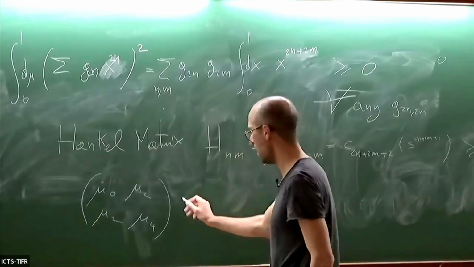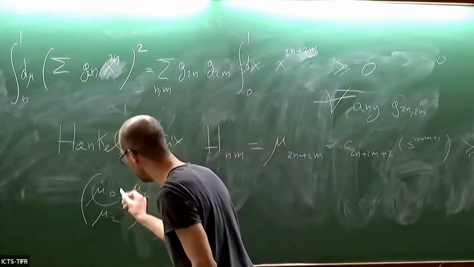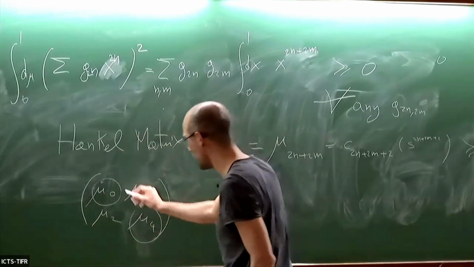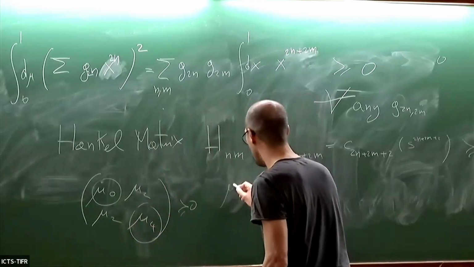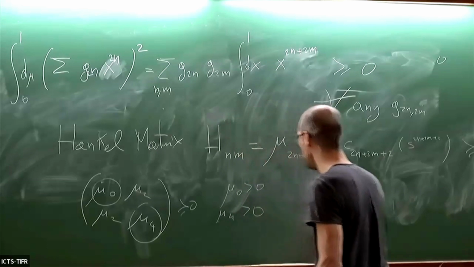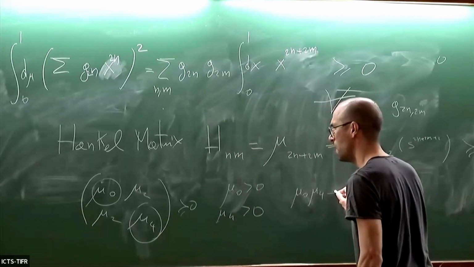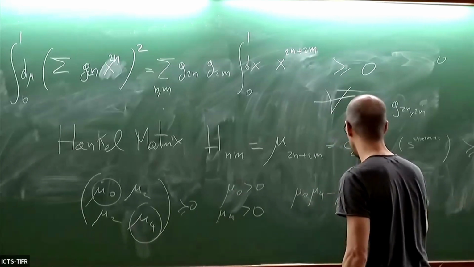To be positive definite, this matrix must have positive eigenvalues. So it means the entries are positive and the determinant must be positive. So you will have the first moment positive, we knew it. Mu4 positive, we knew it. Now we get mu0 times mu4 minus mu2 squared must be positive.